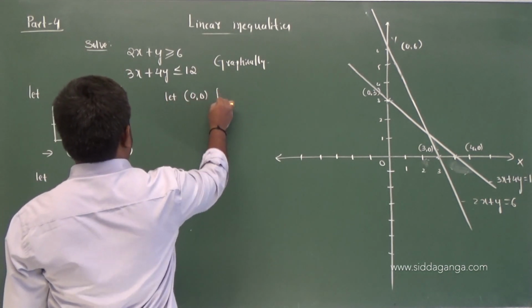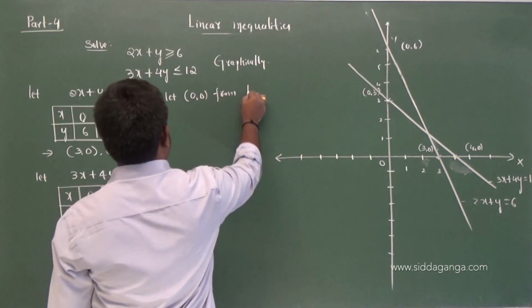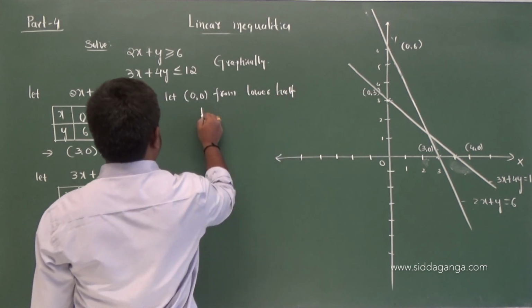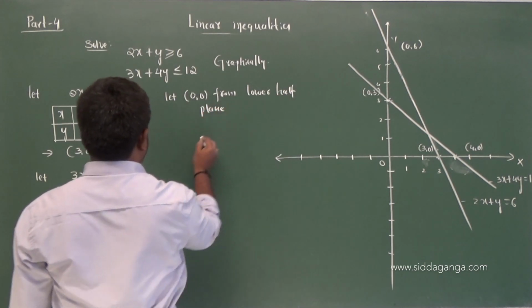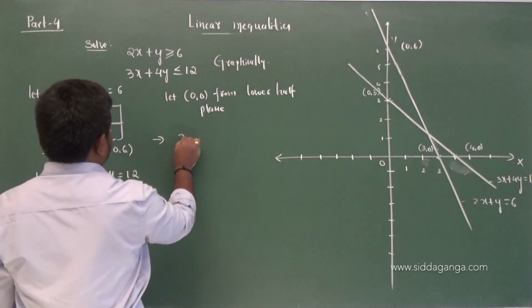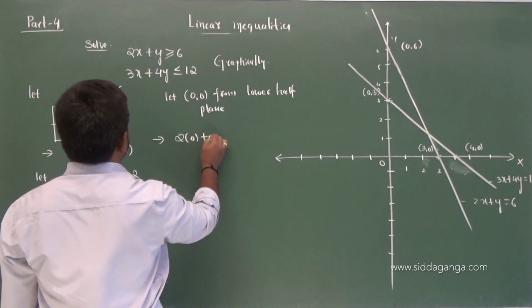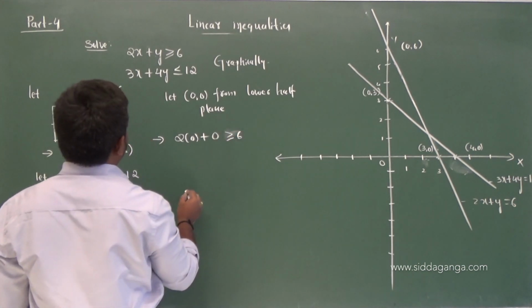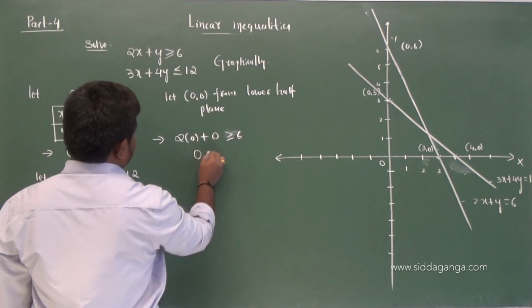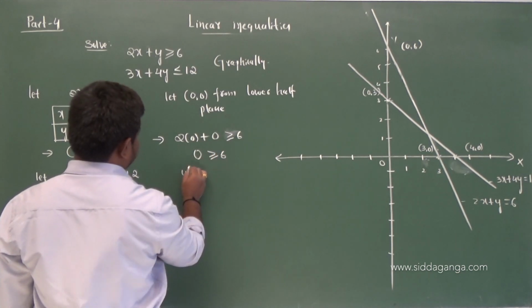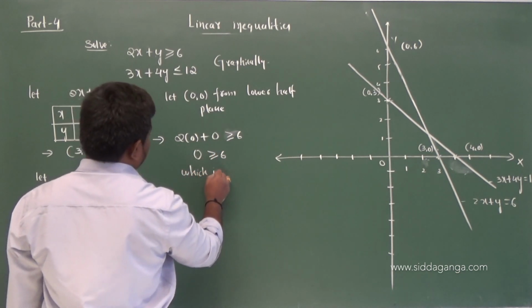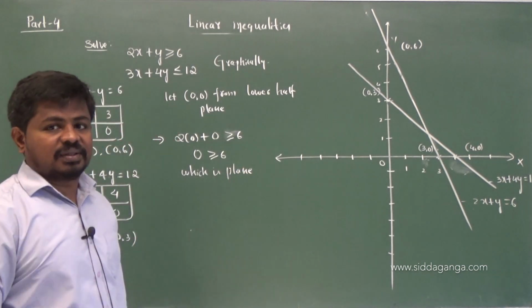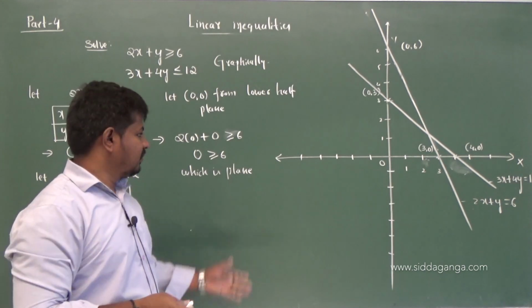The first inequality becomes what? 2 into 0 plus 0 greater than or equal to 6, you mean 0 is greater than or equal to 6, which is false. So the solution is the upper half plane for this, because it is false.